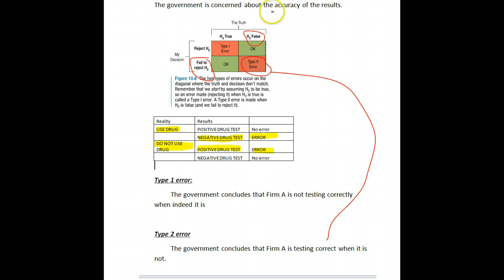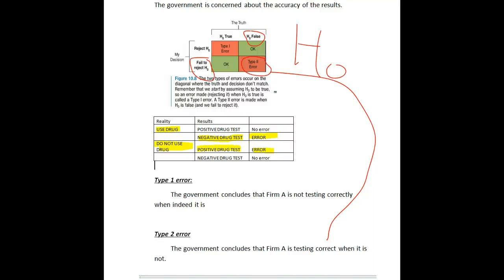But the important thing to remember is to focus on what is the status quo. What does H0 actually represent? H0 in this case represents that the firm is testing correctly, and that is what we assume to be the status quo or the norm or the truth or the base for the experiment.